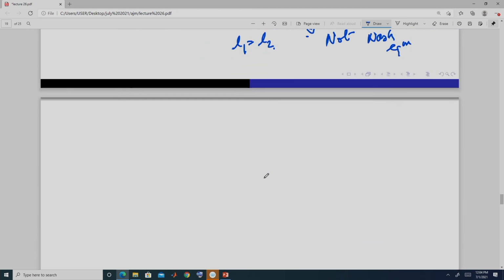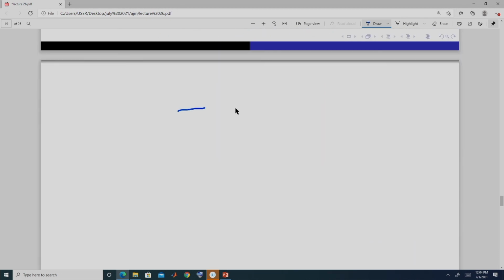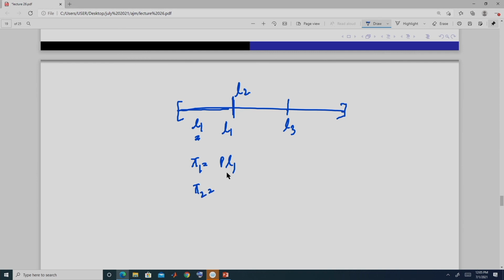Similarly, if you look from the perspective of farm 3, suppose L1 and L2 are somewhere here. Let us look at L3, it is here, right. Now, this part is got by L1. So, the profit of farm 1 is L1, the profit of farm 2 is half of this, because on this side it is farm 1 and on this side it is farm 3.